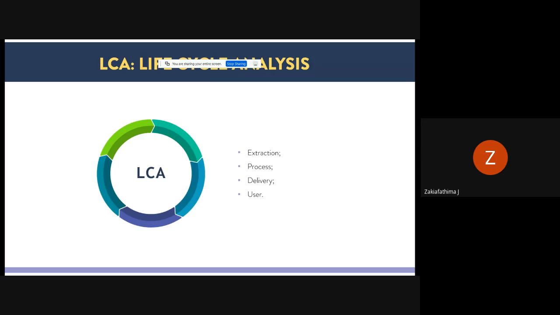The product can have a lifespan, and as much as possible, the user should be able to use it beyond its lifespan. Other than that, the user should also be able to recycle your material. That is all considered for your life cycle analysis.